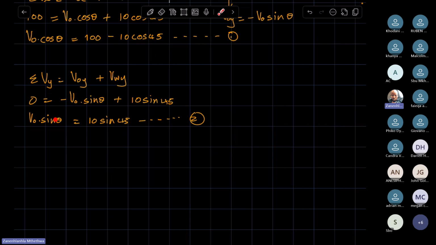There are two trig ratios that incorporate both cos and sine: cot as well as tan. Cot is obviously not on your calculators, but you do have tan on your calculators. That is why in creating a third equation, you must create it such that it is convenient for when you're substituting it into one of these equations.